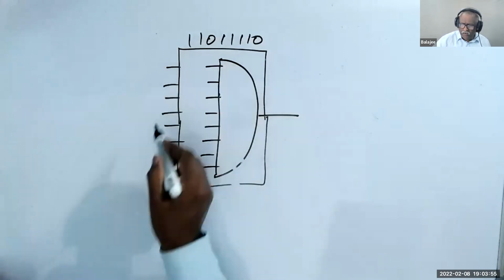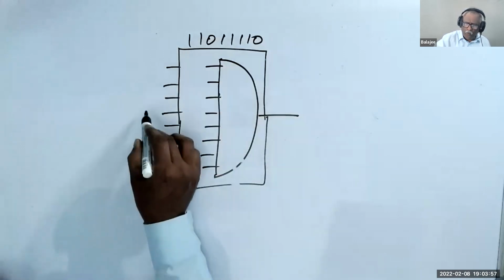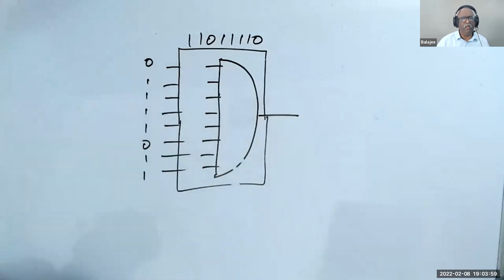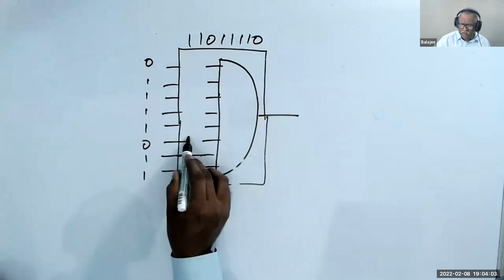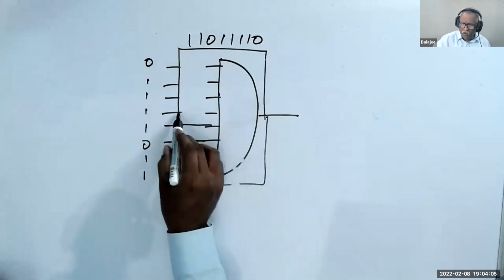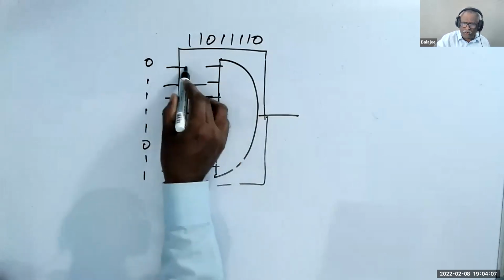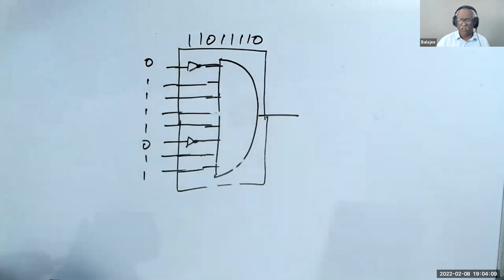You want 1, 1, 0, 1, 1, 1, 1, 0. Am I right? Now 1 means direct, 0 means inverter: all 1s connect direct, all 0s connect through an inverter. That's it. If you know this, you know combinational logic.